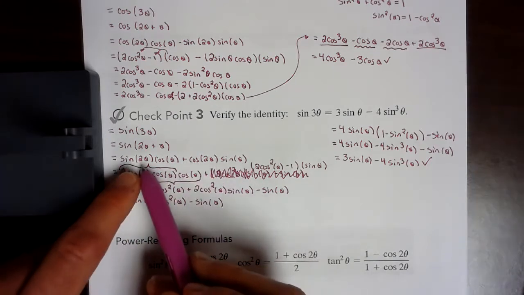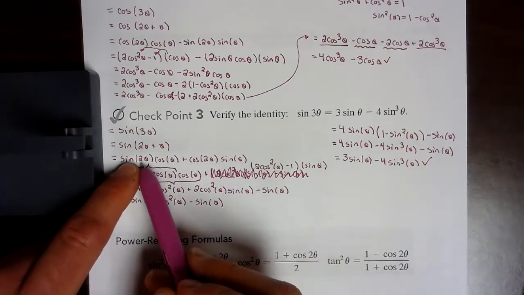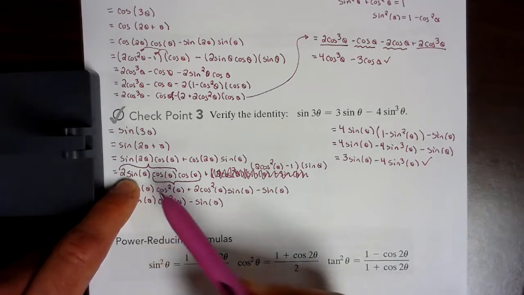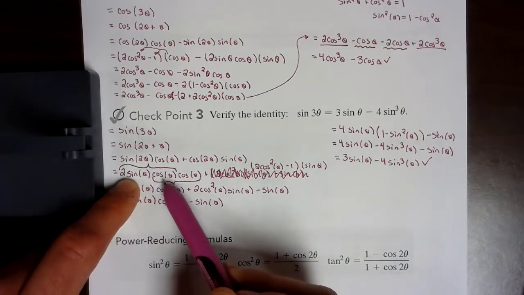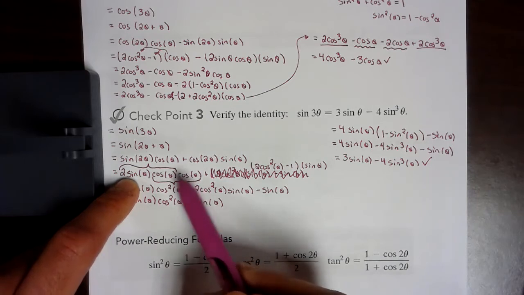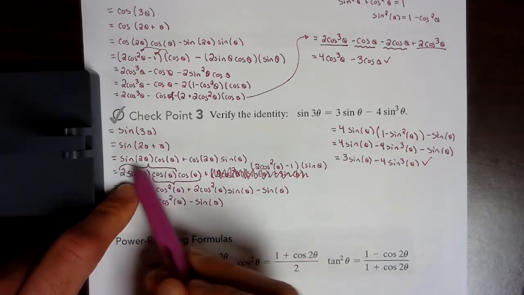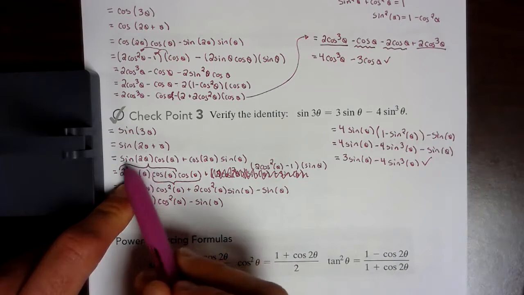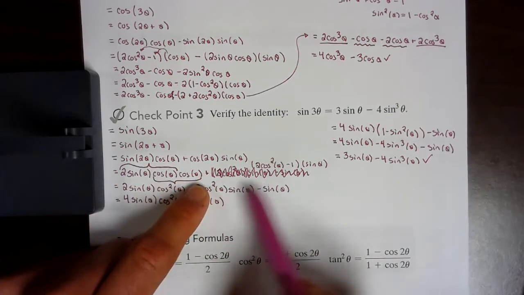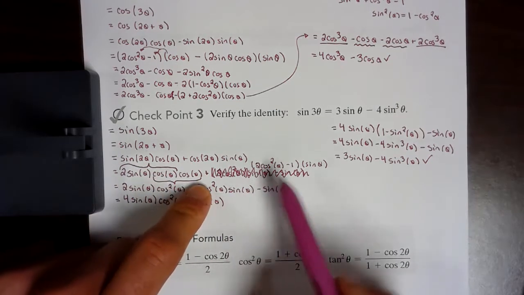So then I can use the double angle formula for sine 2 of theta, which gives us 2 sine of theta cosine theta. That's just what we got from the beginning of these notes. We still have that extra cosine of theta, so we have another cosine of theta being multiplied to what that double angle sine formula worked out to be. On the right-hand side, I apologize, I did have to cross something off. I didn't write it perfectly.